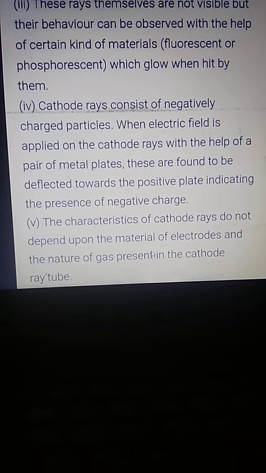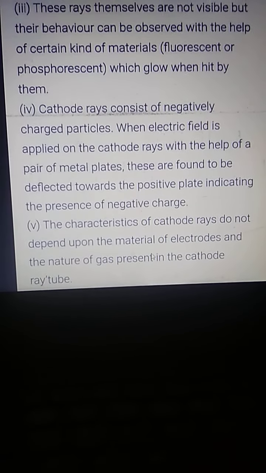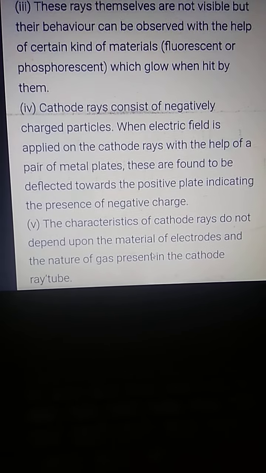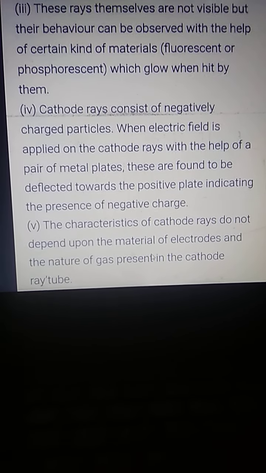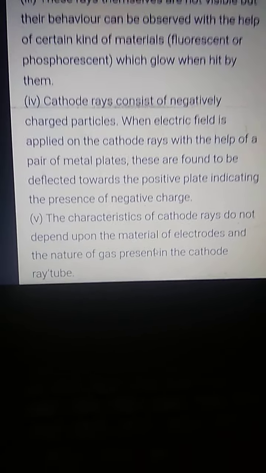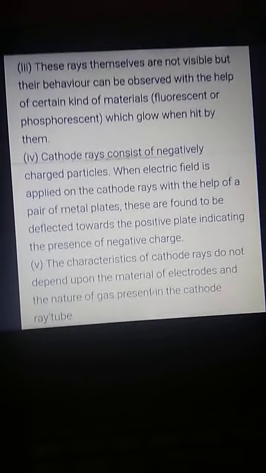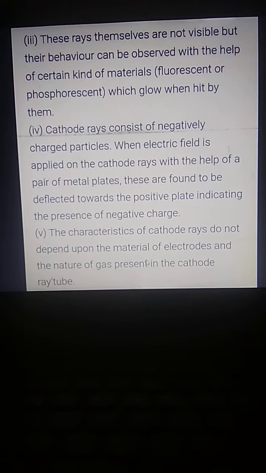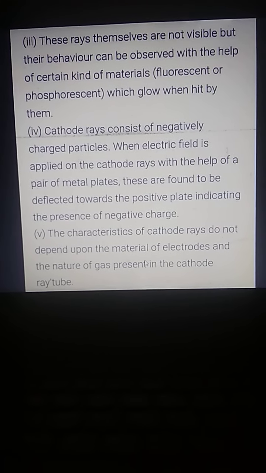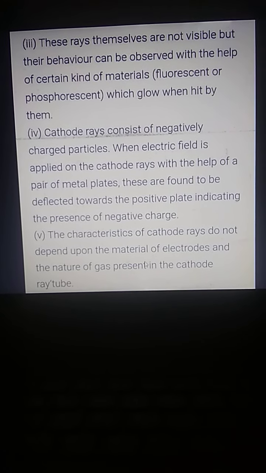And which charge would deflect towards the positive plate? Negative charge. So that confirms that cathode rays consist of negative charge. And even in the presence of a magnetic field, the rays deflected towards the positive plate. So that confirms that the cathode rays consist of negative charge.